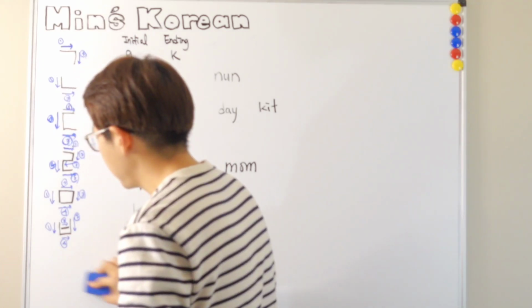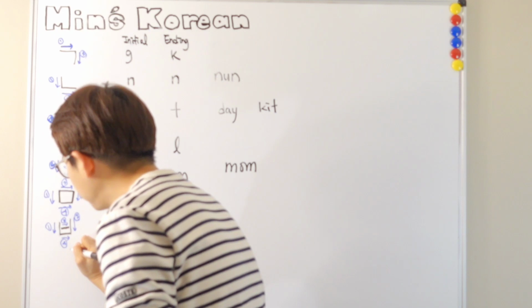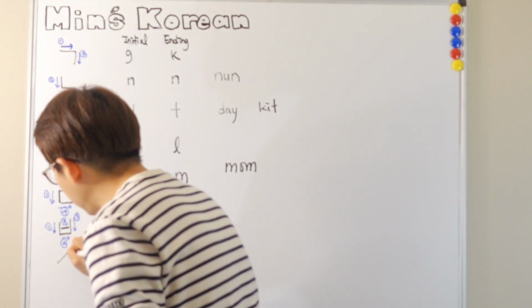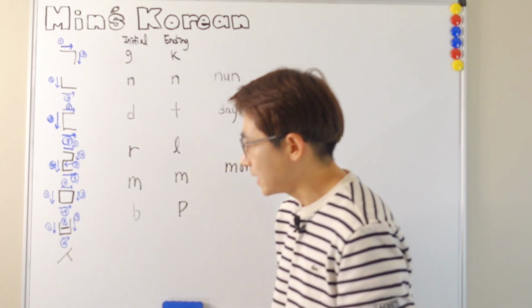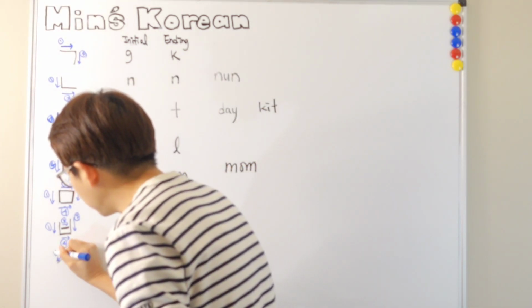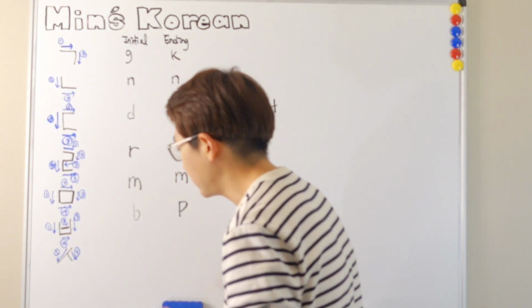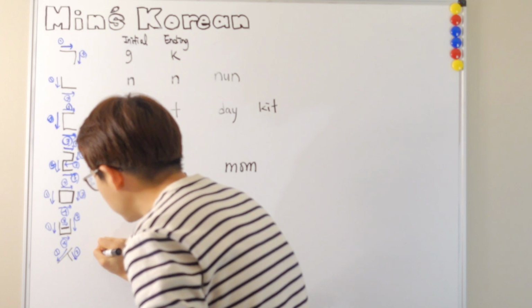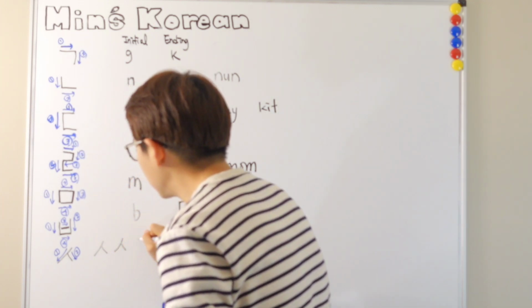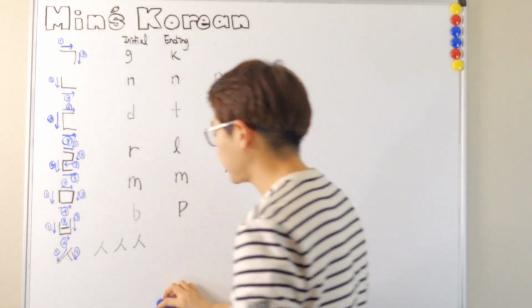Okay? So the next one is quite interesting. It goes from top right to bottom left, and then over here, like that. That's the first stroke, number 1, and that's the second stroke, number 2. So let's do it again. 1 and 2, 1 and 2.